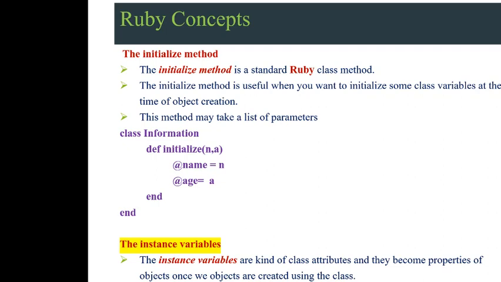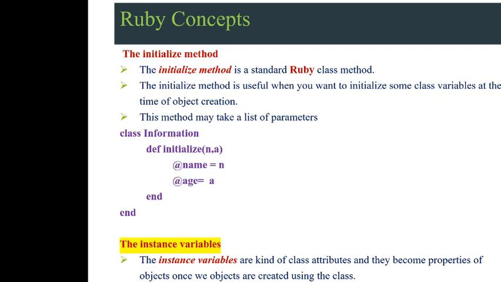All right, so let's take a look at one more variation here. Now we know there is a constructor method, and we can pass some parameters to it, because it's like any method that you have. But let's say here we are passing two parameters. Now I'm seeing two lines of code here. What are these?